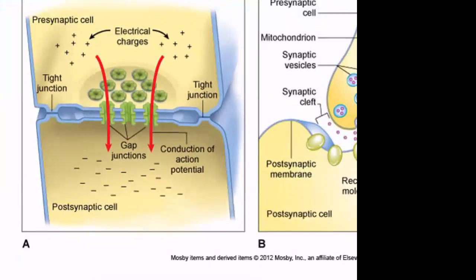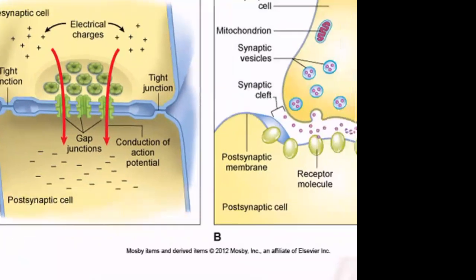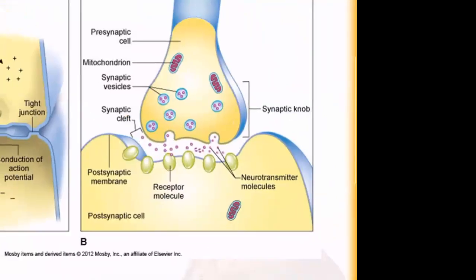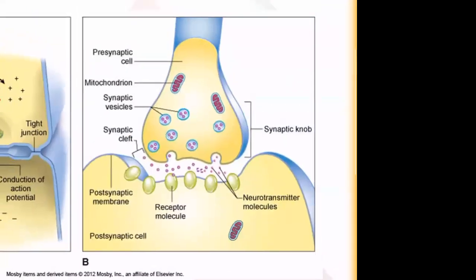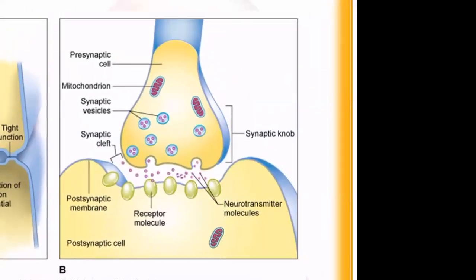Now, what they're demonstrating here is that some of these synapses are going to be completely tight together, and there's not going to be a space in between for the most part. So the electrical charge, the electrical message, just goes directly from one cell to the next. And then the model that I think we've talked about a little bit already is this one here, the typical synapse.